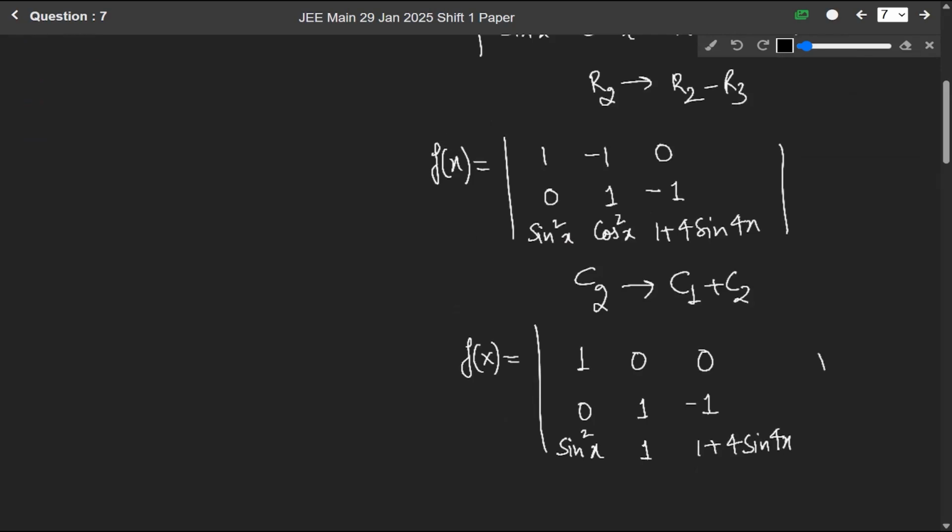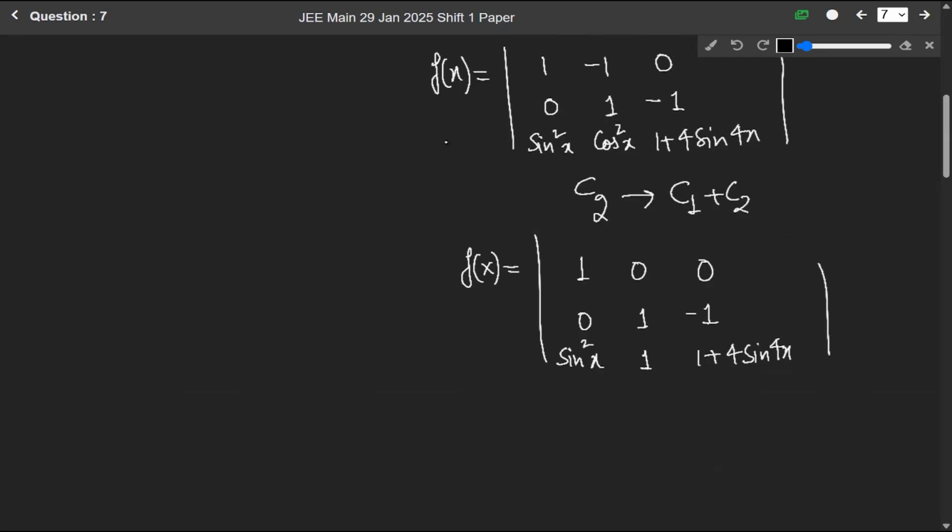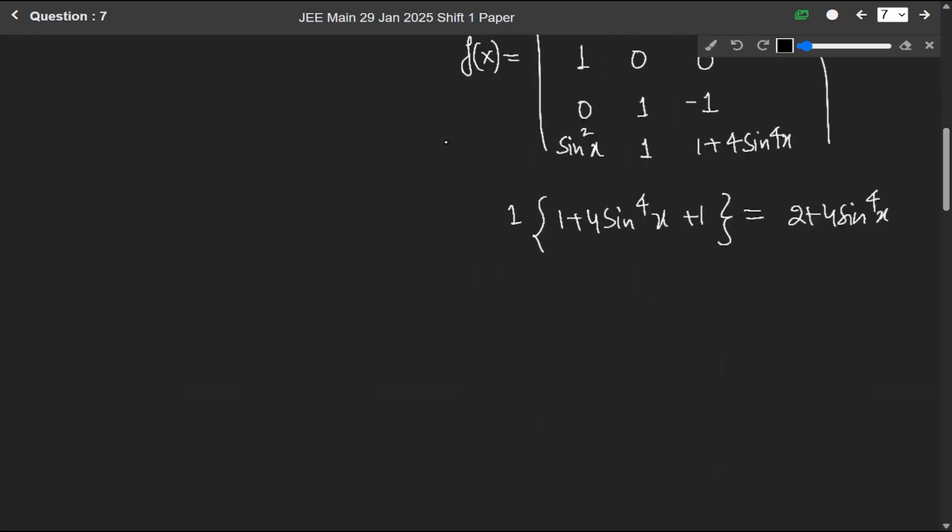Now solve it. When we solve it, we get 1 plus 4 sin 4x, minus minus plus 1, so it will be 2 plus 4 sin 4x. Its maximum value will be 6 and minimum value will be minus 2.